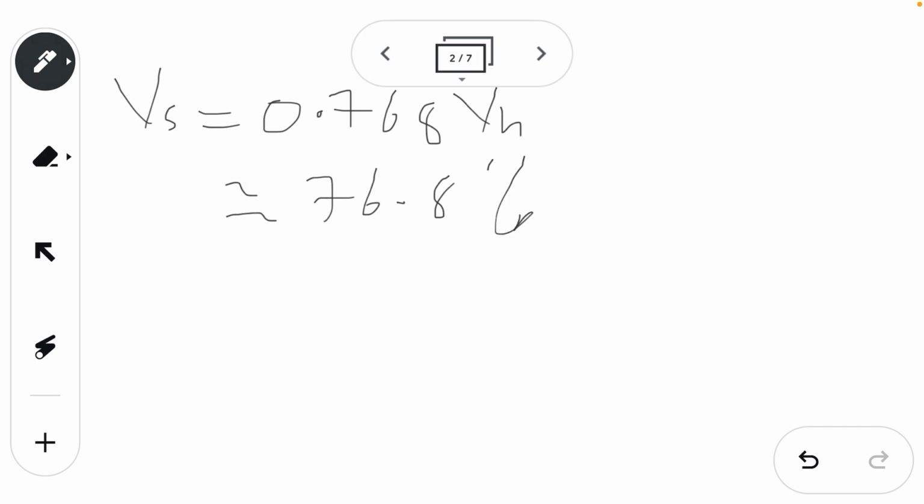This is the amount of volume of this human that is below the surface of the water, but we want to find the amount of the volume that is above the surface.